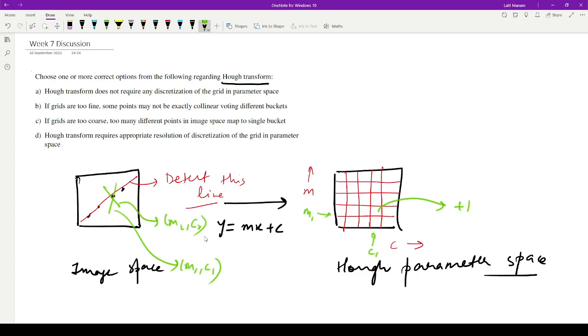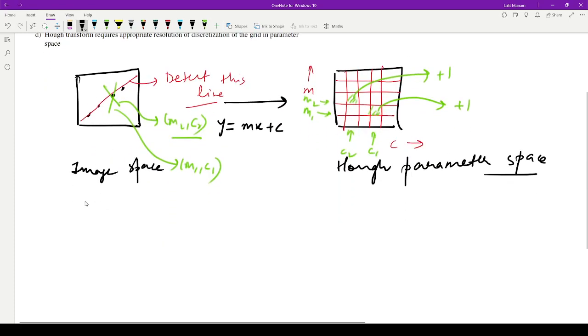Similarly for M2, C2, if they lie somewhere here, this block will have its vote increased by one. So we count the number of votes gained by each line.